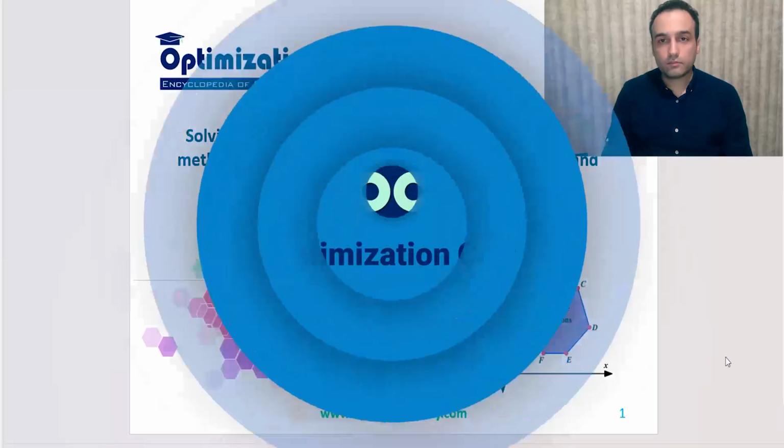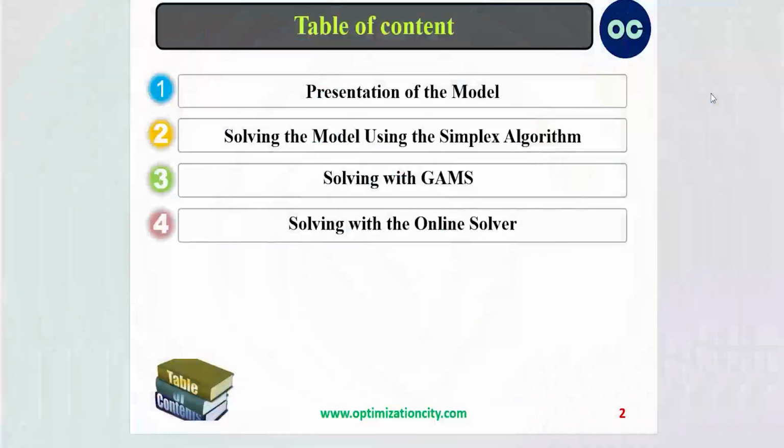In this tutorial, we will first solve the linear programming model using the simplex method step by step. Then we will solve the same model using the GAMS software and finally using the online solver provided by the website optimizationct.com. After solving the model using these three methods, we will compare the results.